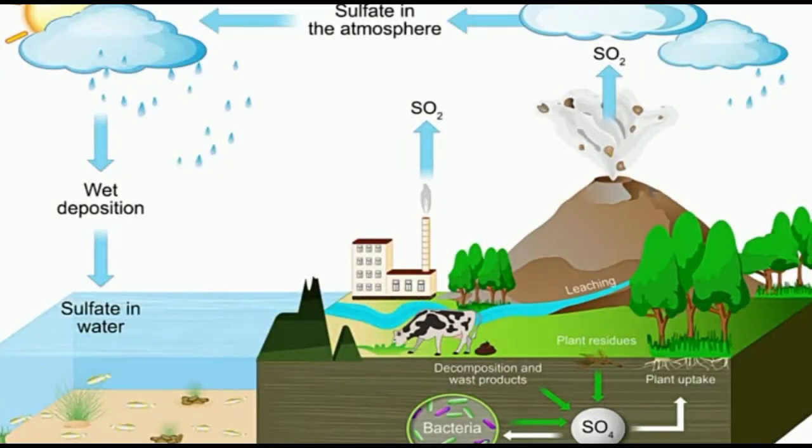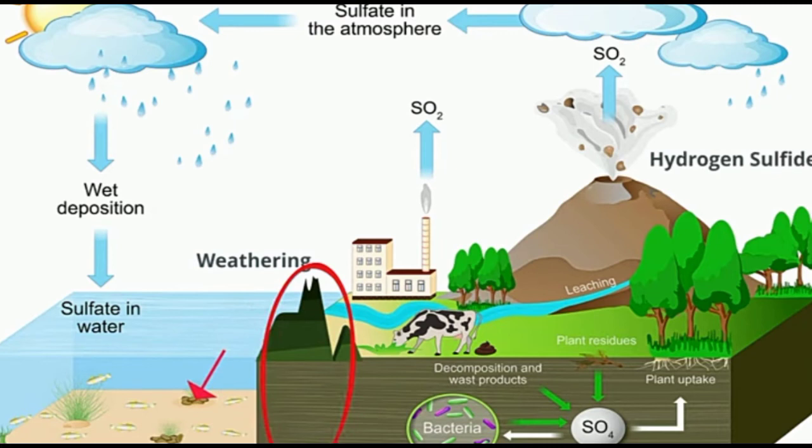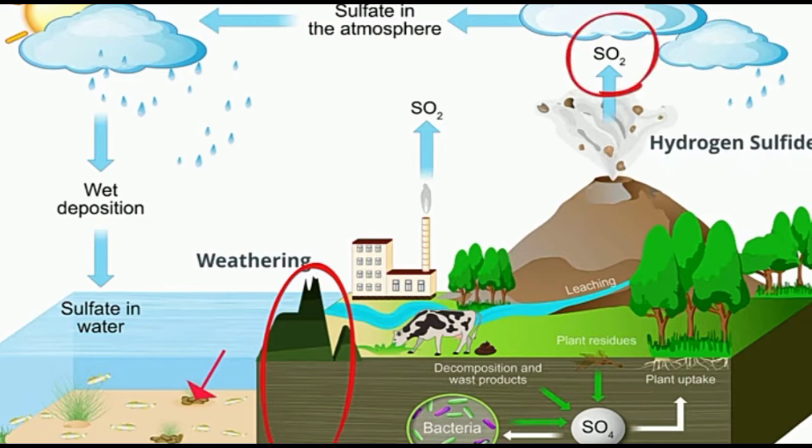The following is the process of the sulfur cycle: the sulfur is released by the weathering of rocks. This sulfur comes in contact with air and is converted into sulfates. The sulfates are taken up by plants and microbes and are converted into organic forms. This organic form of sulfur is then consumed by the animals through their food, and the sulfur moves in the food chain.